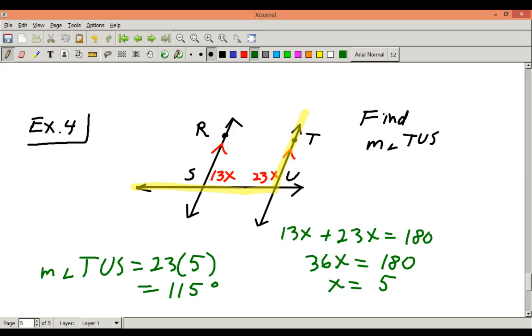That was a theorem. Then we had if two parallel lines are cut by a transversal, then alternate exterior angles are congruent. That was another theorem that we proved. And then finally, we had if two parallel lines are cut by a transversal, then same side interior angles are supplementary. Okay, so what you got to be able to do when we work these problems and then going forward is recognize when you have those types of angles and whether they're congruent or supplementary.